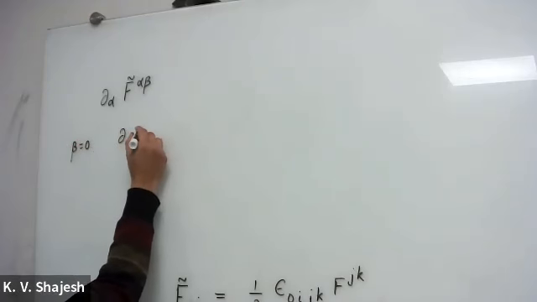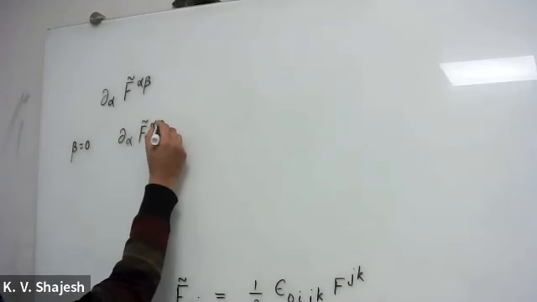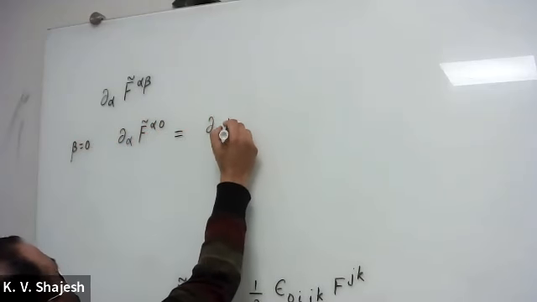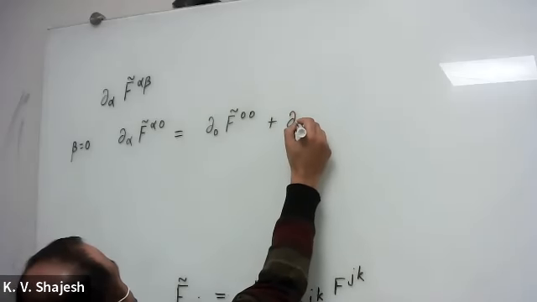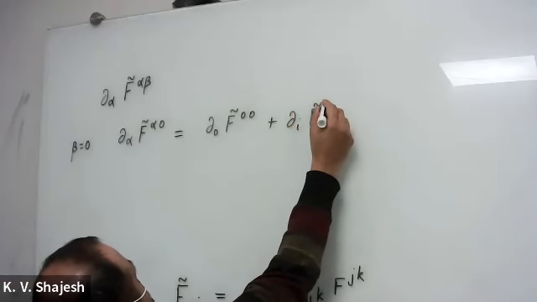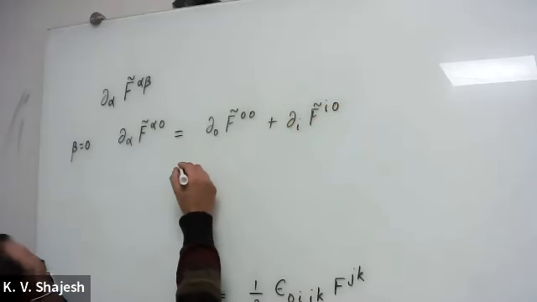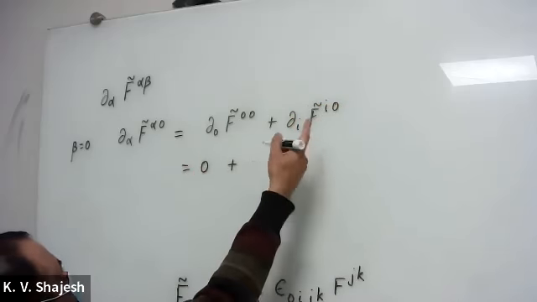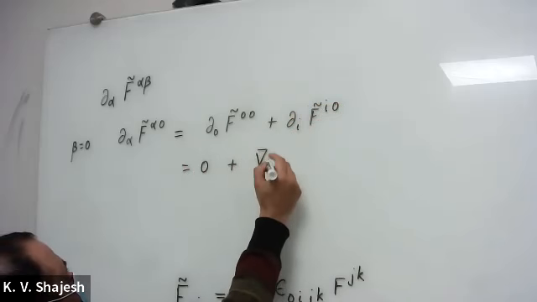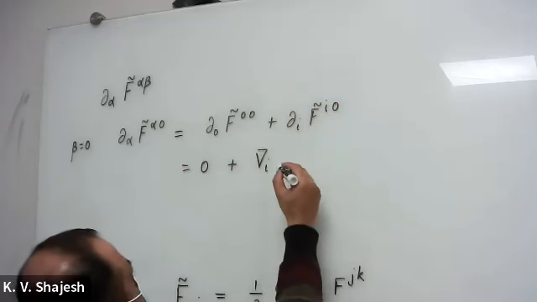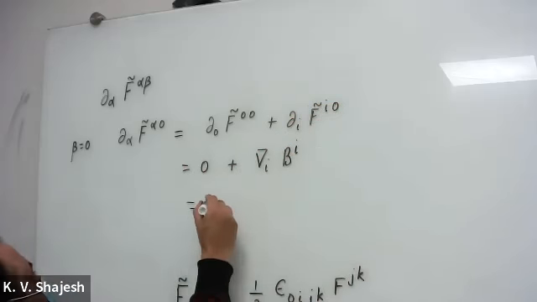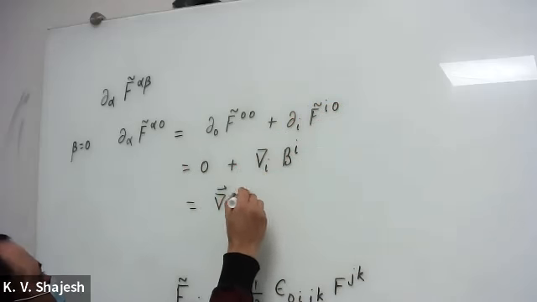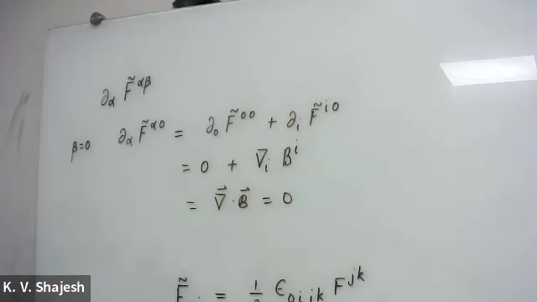You have D alpha F tilde alpha 0, which is equal to D0 F tilde 00 plus Di F tilde i0. That's equal to 0 plus Di, the gradient, of F tilde i0, which is nothing but the magnetic field, so that's Bi. That is equal to del dotted with B, but that's 0. So the zeroth component of whatever vector we are talking about is 0.